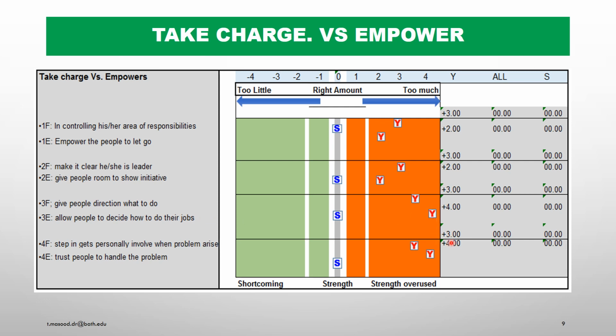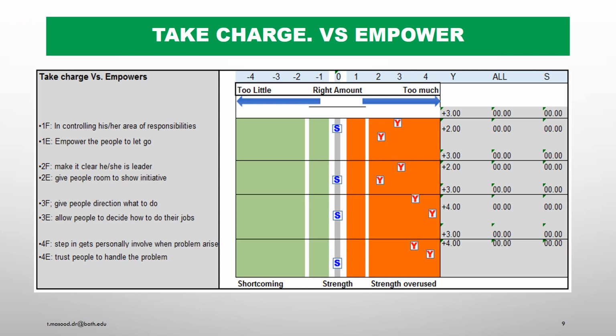So I overused my strength in this area. The rest of my co-workers and subordinates stay in the middle, so they used the right amount of their strength. So on take charge versus empowerment, I have overused my strength in this area.